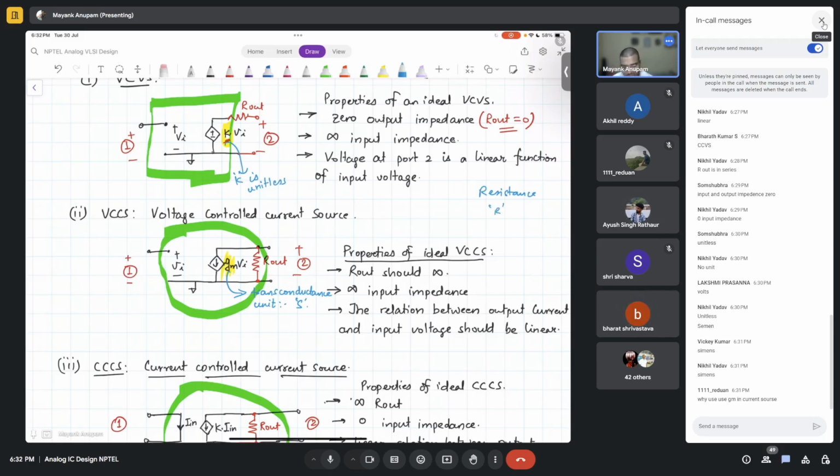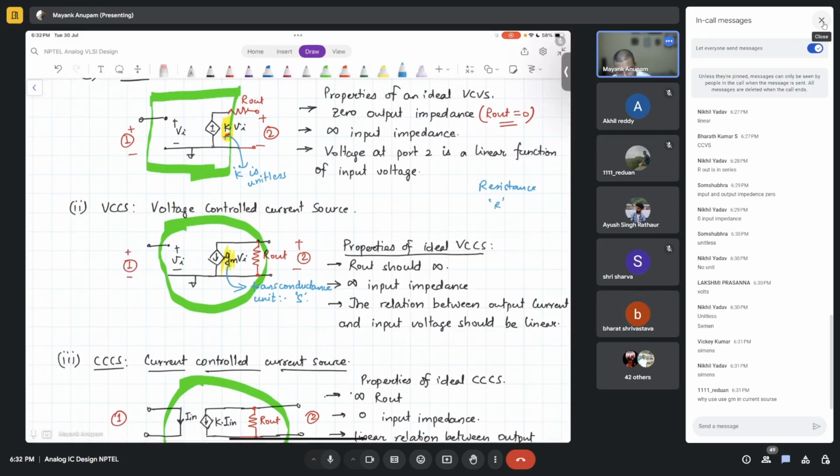Similarly, if you want to mention a transconductance, you go for the letter GM. People understand that. It's commonly understood. I hope that was the question. Did that answer your question?